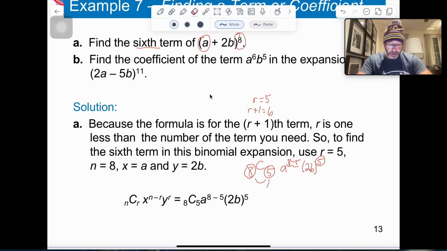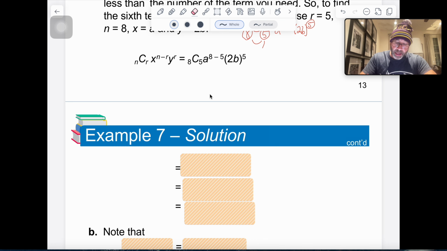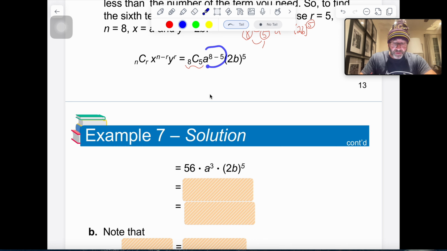So you set this up, and this is what it looks like. So we have 8C5, a to the 8 minus 5, and then 2b to the 5th power. So let's clean all this up and see what we actually get here, okay? This value, when we put it into our calculator, we have 8C5 is going to give us a 56. That 8 minus 5 will give us a 3, and then we have a 5 right here.